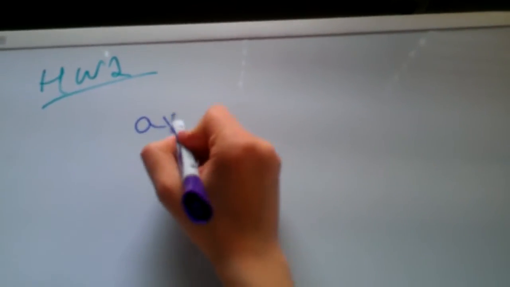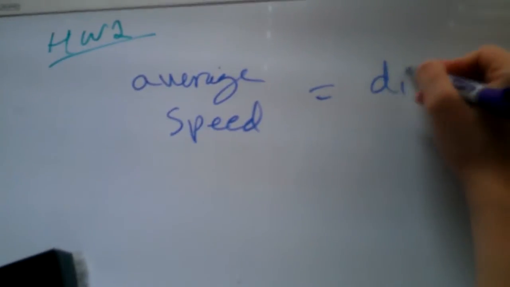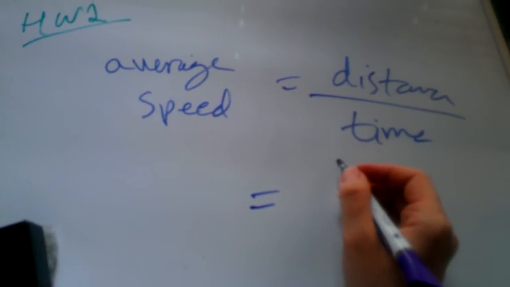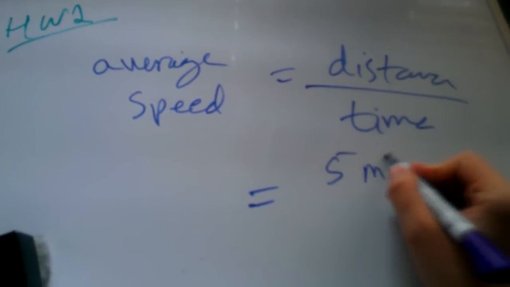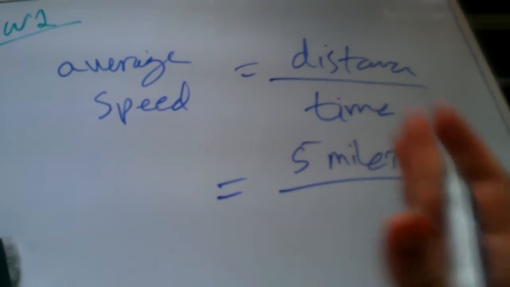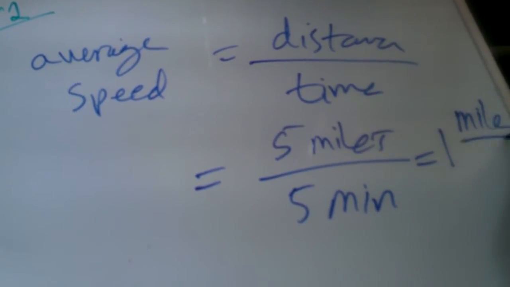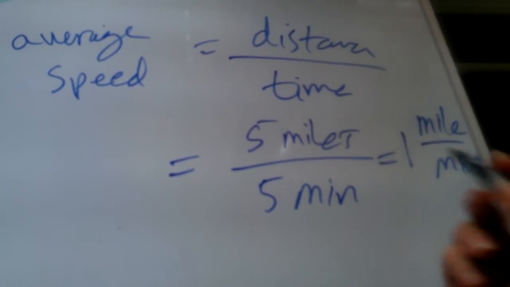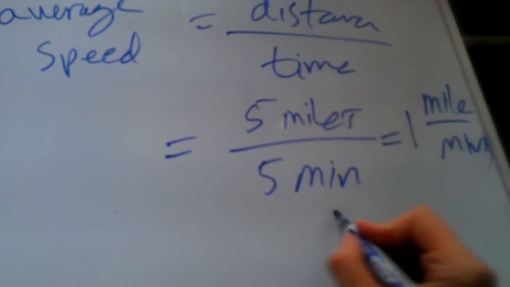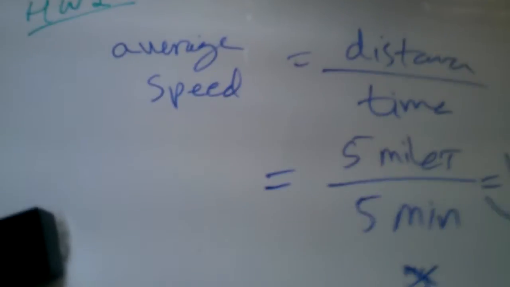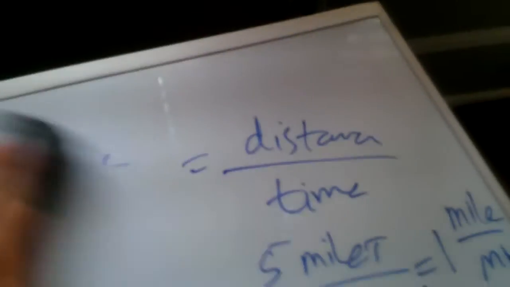Average speed is distance over time. If the distance is 5 miles, covered in 5 minutes, it would be 1 mile per minute. Don't worry if you're not asked for meters per second, just don't bother. 1 mile per minute is okay. Do the same for the second car and compare the numbers.